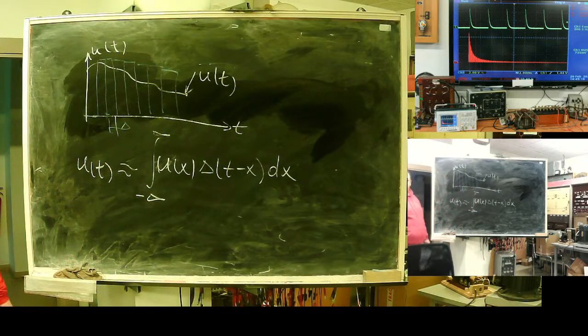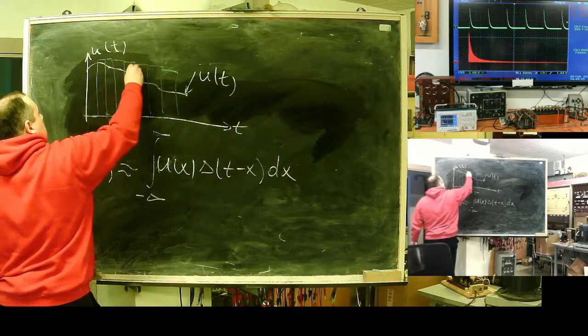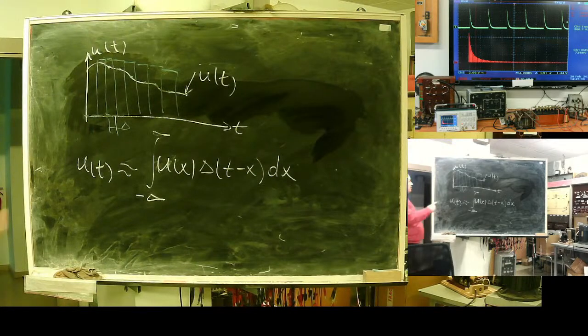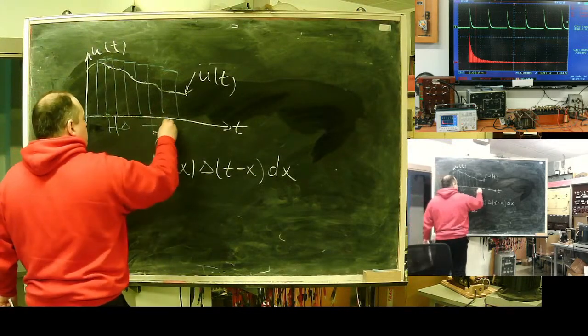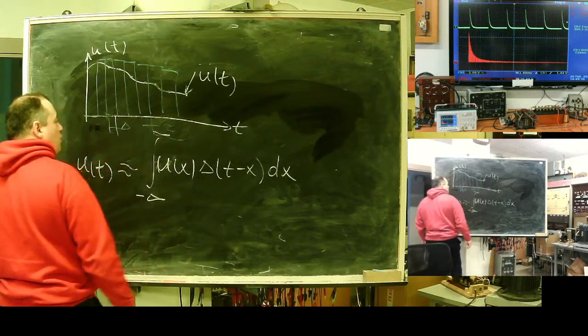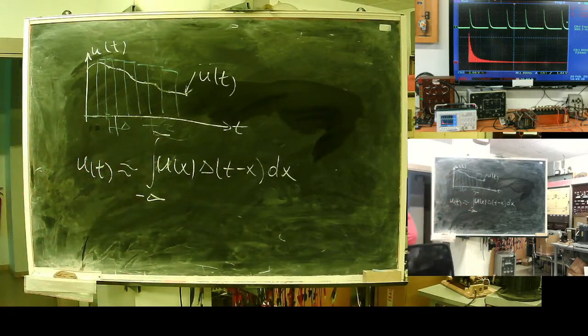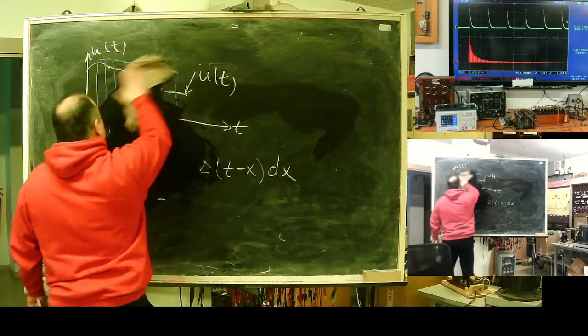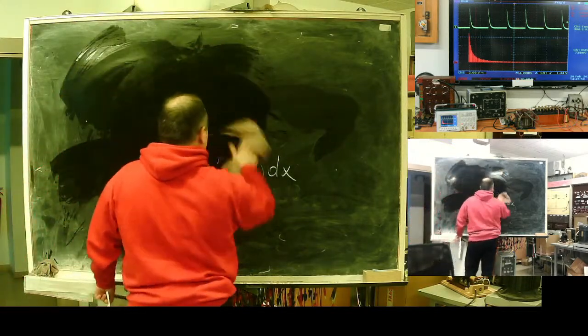You understand what I'm doing? I can substitute my signal with samples. Here is a question because I have some tau greater than 0. But this thing tells me that my signal can be substituted with a set of samples. Yeah. Your digital sound is a set of samples.